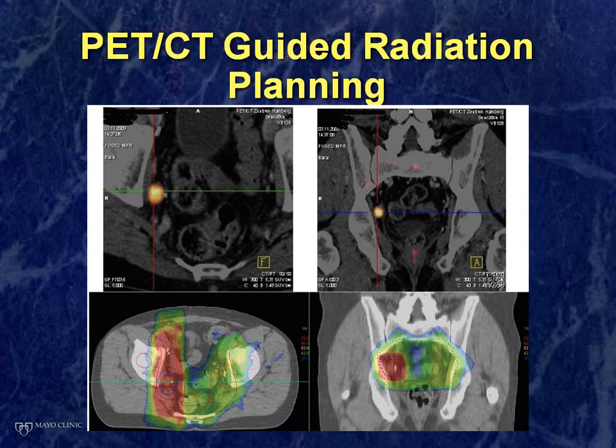He's going to create with the computer a way to cover these areas with radiation where he can focus the radiation specifically in the red spot where he knows the cancer is and cover the other areas less intensively.